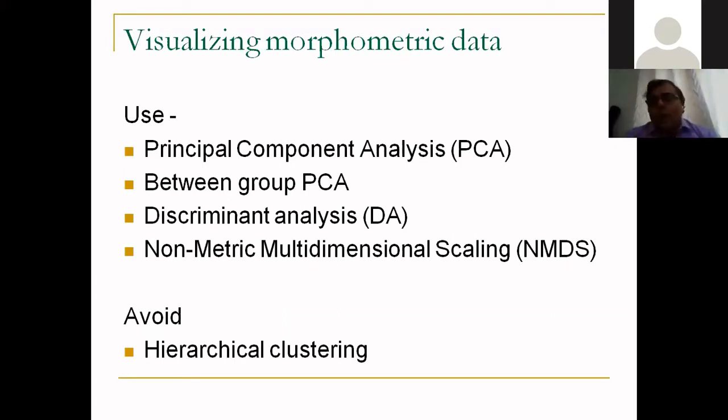Now, another problem of using univariate methods for analyzing multivariate data is you can commit something called family-wise errors. Family-wise errors are errors which are committed because you do many tests on the data, and when you do many statistical tests on the same data, some tests will come out significant just by chance alone. So they are not really significantly different, but you might say that they are significant just by chance alone.